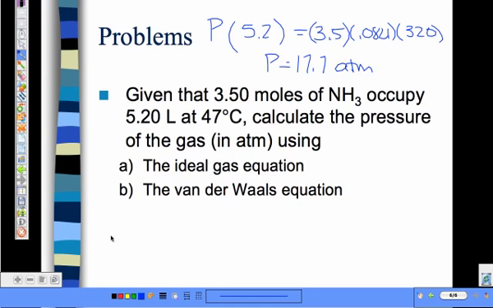And what is that? P, which is what we're looking for, plus a n squared. It's NH3. So what is a? A is 4.17, and you just look that up on that table, page 161, times 3.5 squared over V squared.